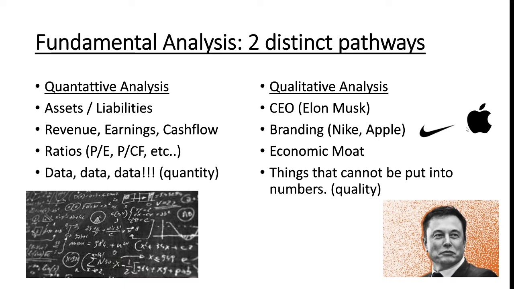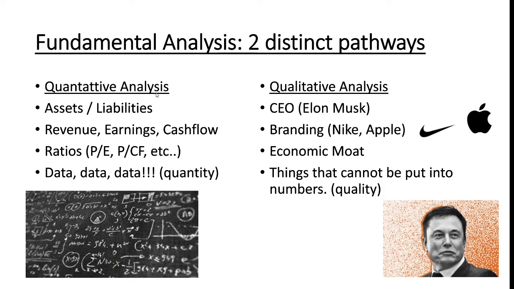I mean, you see these symbols, you already know what it is and what they do, and you probably have some items of that sort. Another great qualitative attribute that some companies have is an economic moat, which is just a fancy way of saying they have some sort of a unique product or service that protects their profits as a company and keeps them very successful.